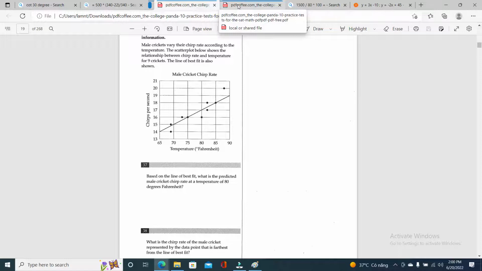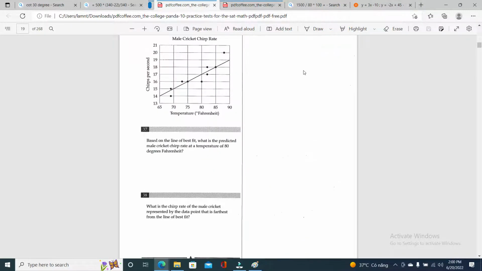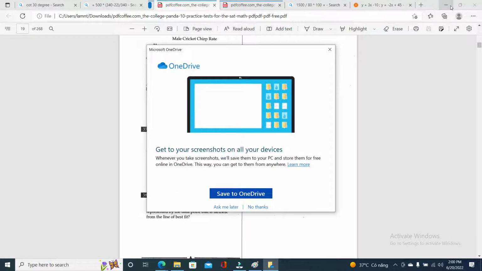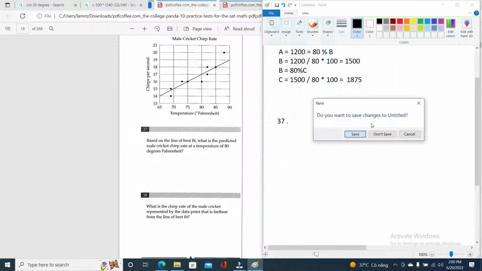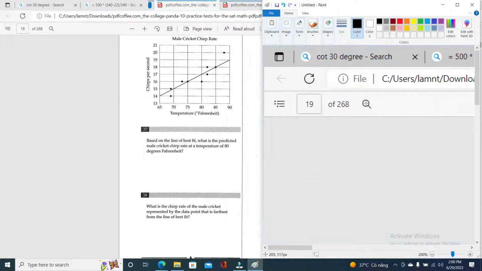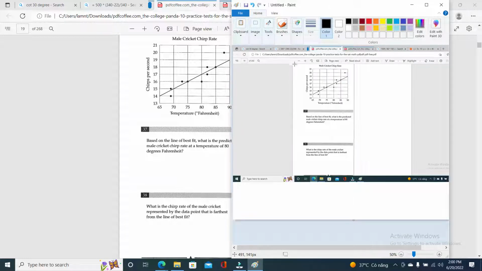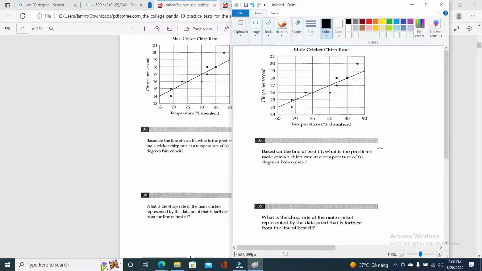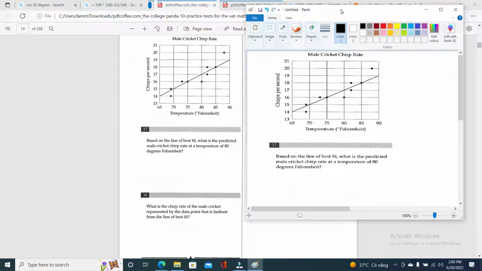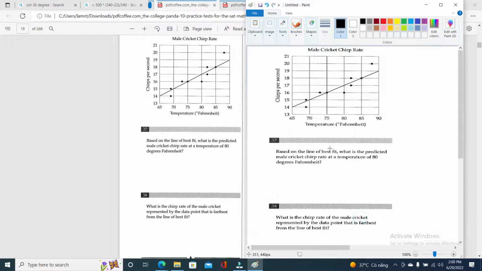Okay, so for this prediction question, what you want to do is take point X, that's the input data they're asking about.